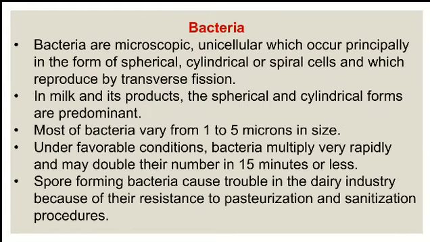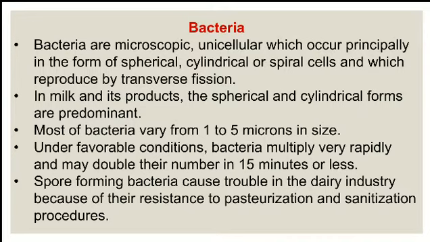Then next is the bacteria. Bacteria are microscopic unicellular organisms which occur principally in the form of spherical, cylindrical, or spiral cells and which reproduce by transverse fission in milk and its products. The spherical and cylindrical forms are predominant.